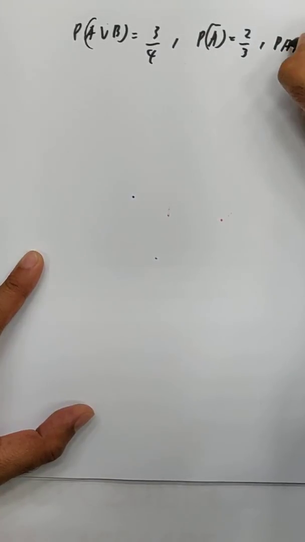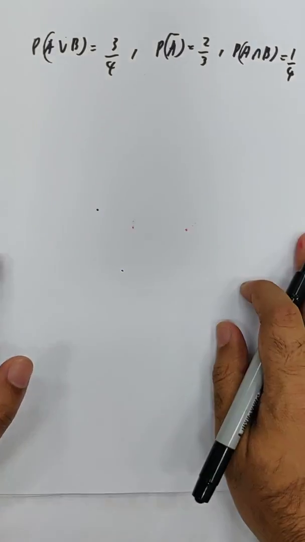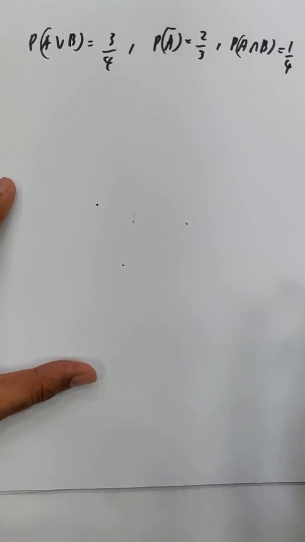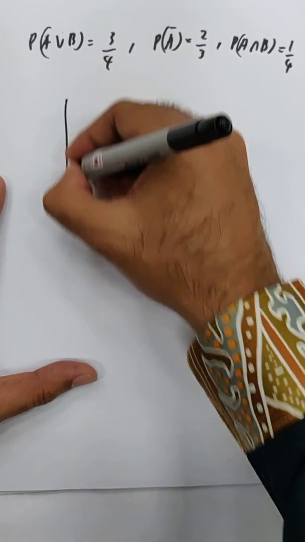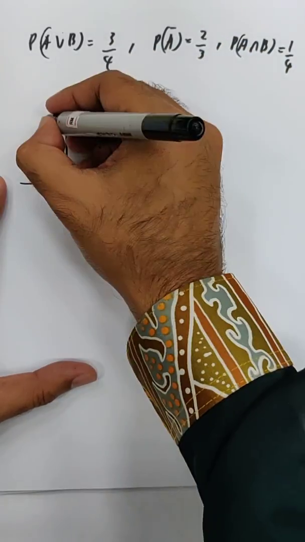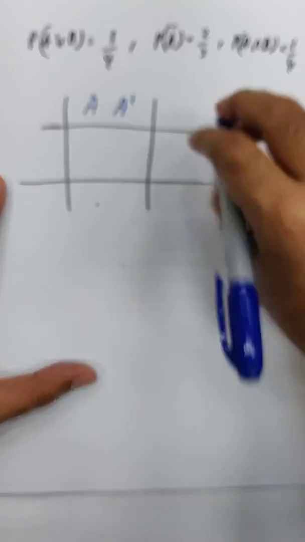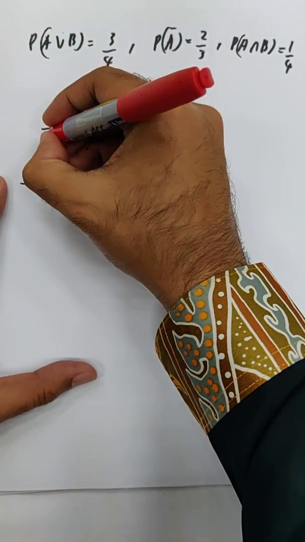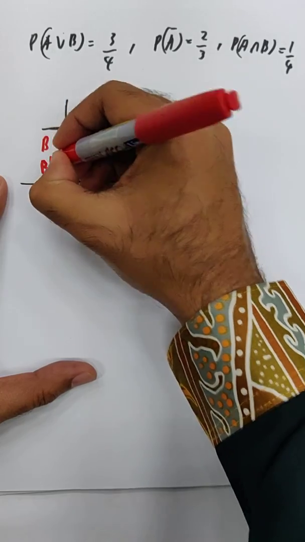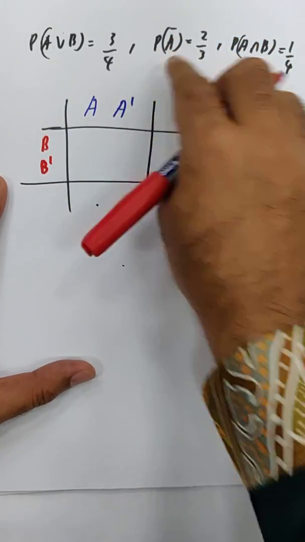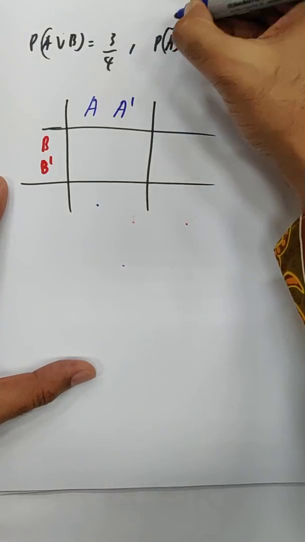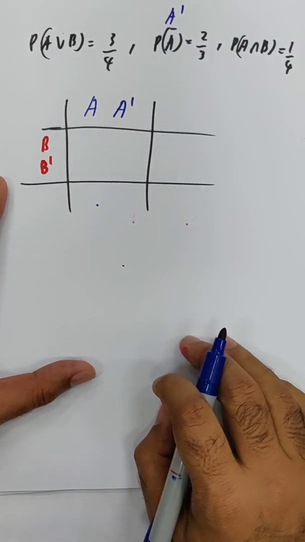Some of you have seen these examples, but I really like it because it does test your understanding. This one is A bar, which can also be translated into A prime.